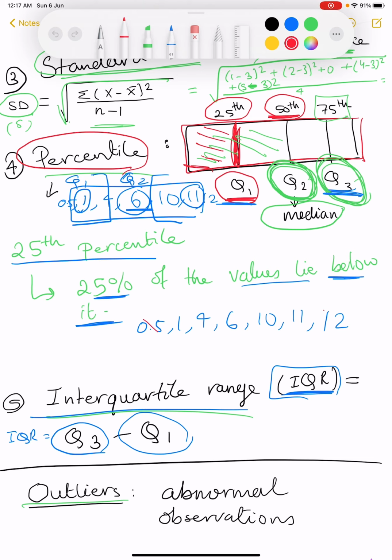It's organized, so we just cross out the middle value, and this is Q2, which is the median. Then how do we calculate Q1 and Q3?